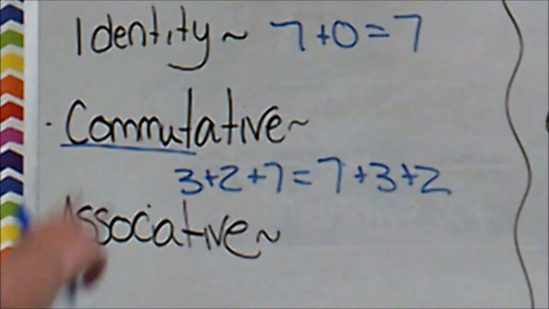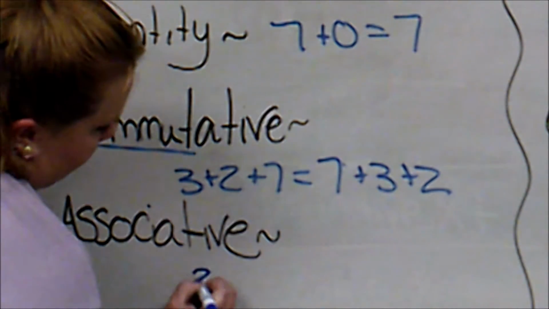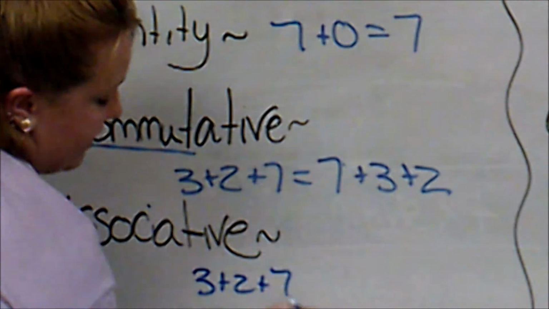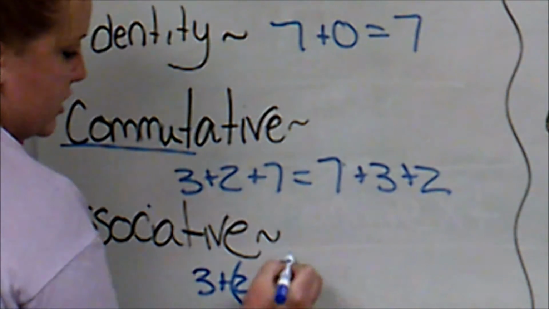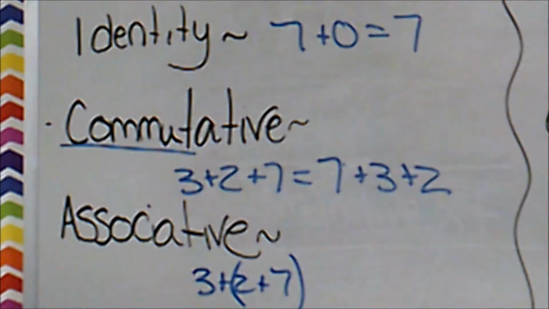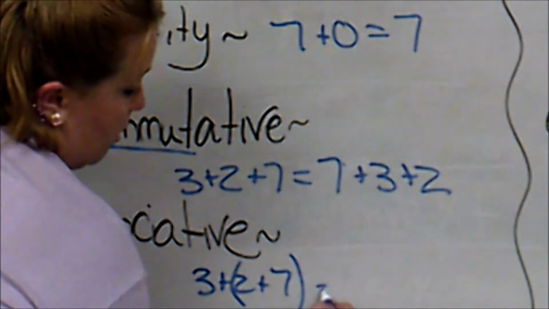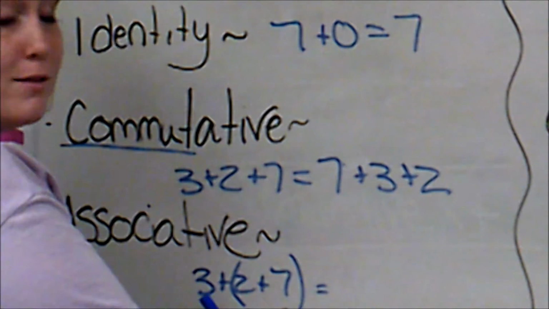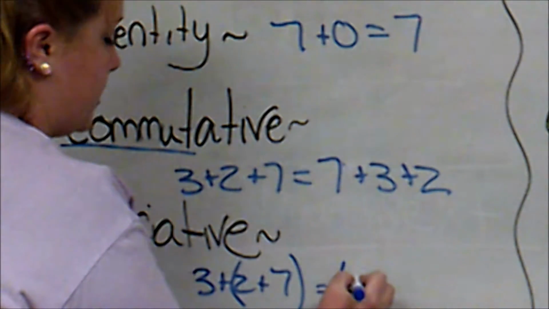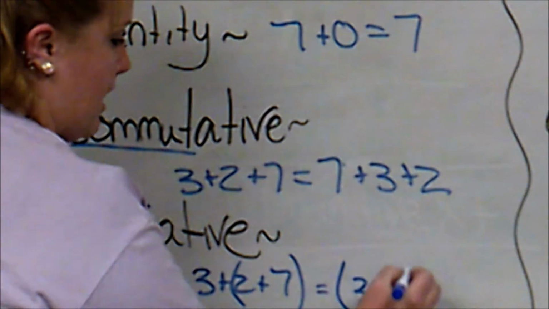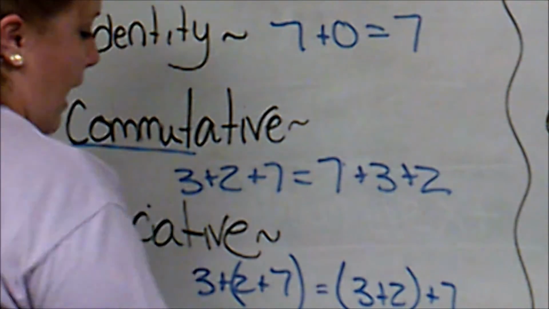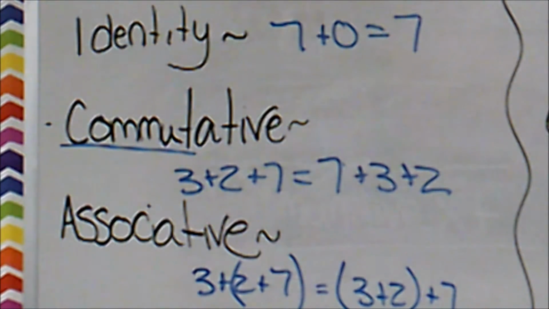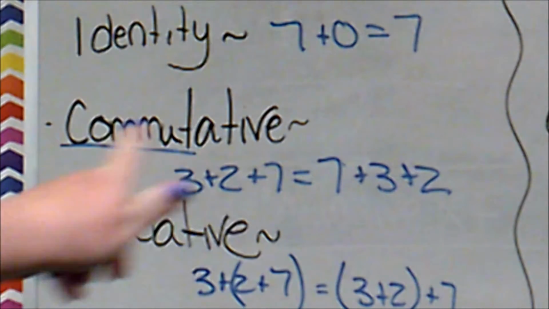So even if I took this same problem here in my commutative property, this 3 plus 2 plus 7, well, if I add these two numbers first, that 2 plus 7, that is not going to alter my sum. I could also write it the same way, and instead of putting my 2 and my 7 in my parentheses, I can put my 3 and my 2 in my parentheses. I'm still going to get the same outcome. I'm still going to get the same sum, no matter which way I do it.